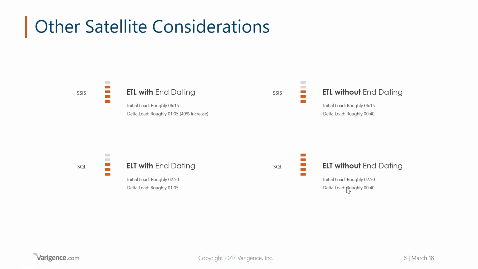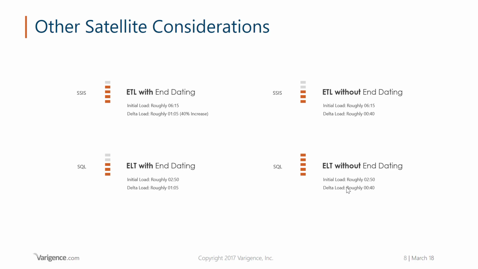So that's what I'm saying: you may be tempted to just go down one path, but you need to understand that with SSIS you get a lot more telemetry and a lot more flexibility that you can use. But with SQL-based ELT, in certain circumstances, there are performance gains to be had.